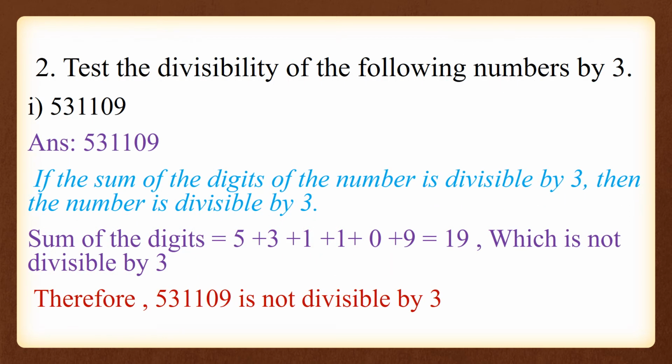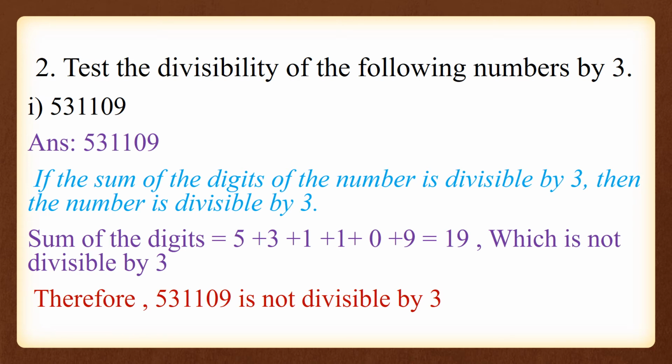Second question, test the divisibility of the following numbers by 3. In that first question is 5,31,109. We are going to check whether this number is divisible by 3. So what is the rule to test the divisibility? If the sum of the digits of the number is divisible by 3, then the number is divisible by 3.